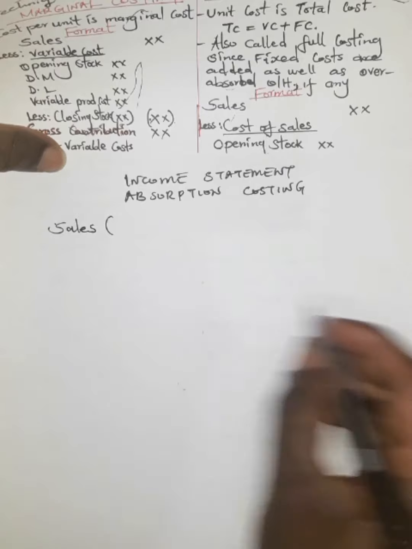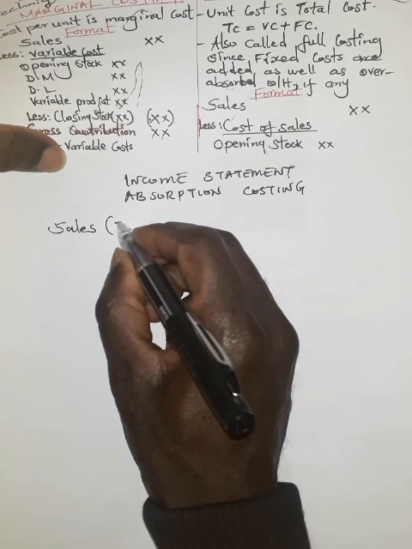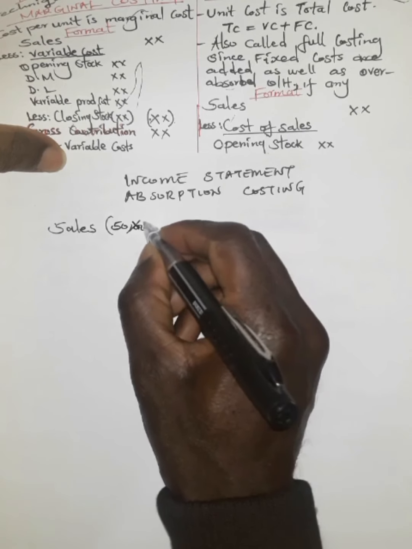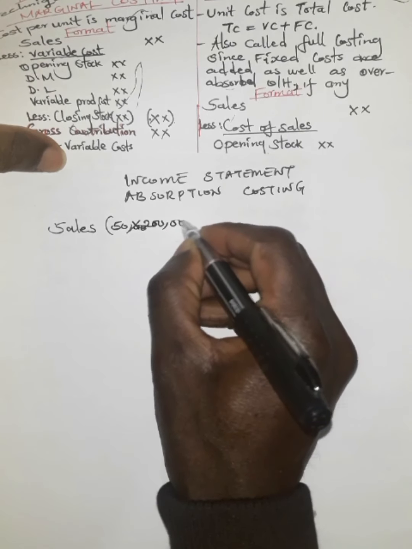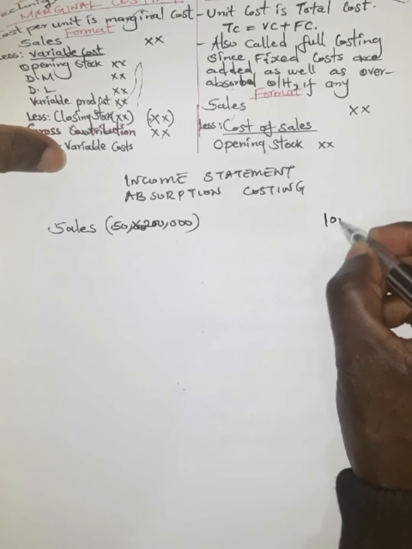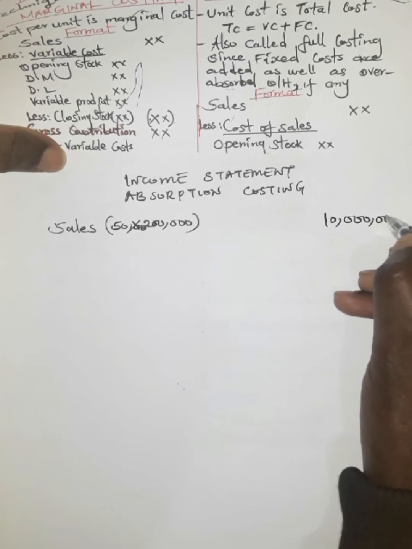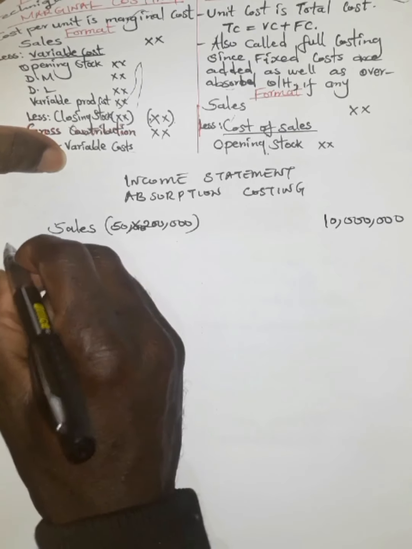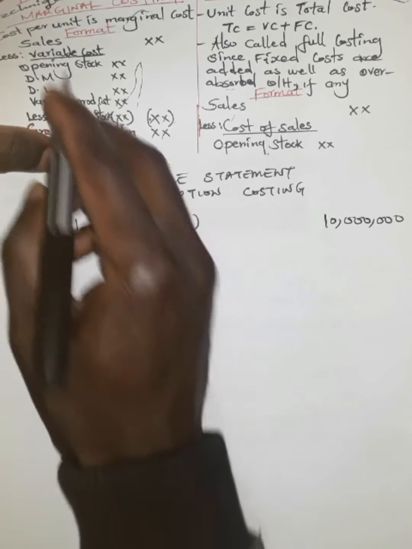We had the same working of 50 shillings times 200,000 units, and we got a value of 10 million. Then we less the cost of sales. We don't talk about variable cost.